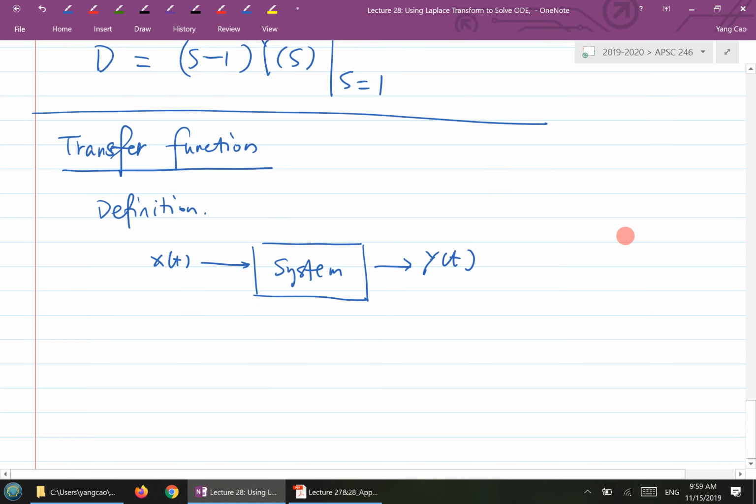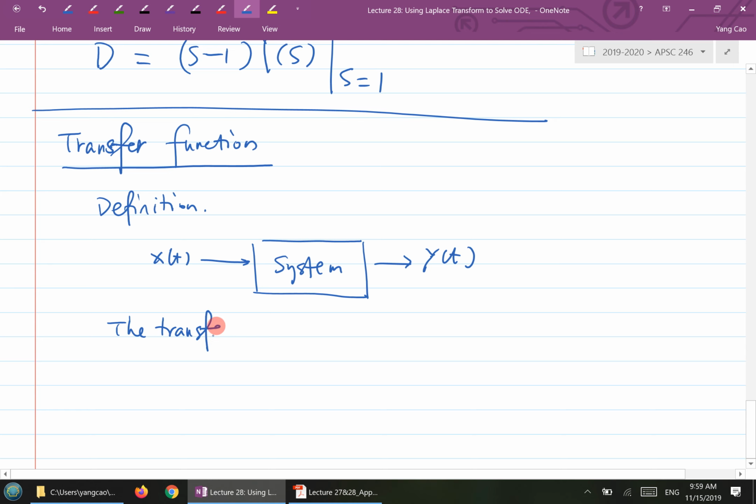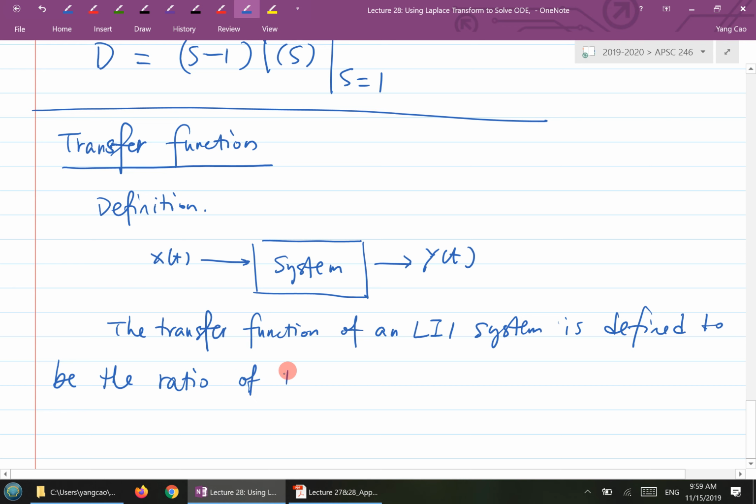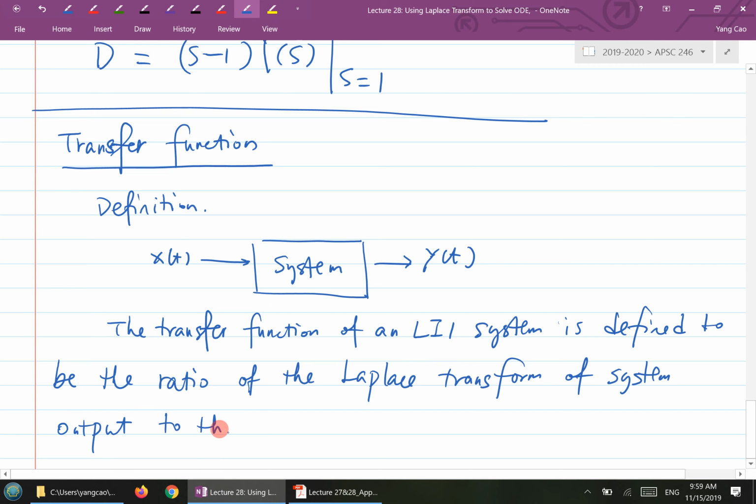The definition says this: the transfer function of an LTI system is defined to be the ratio of the Laplace transform of a system output to the input.